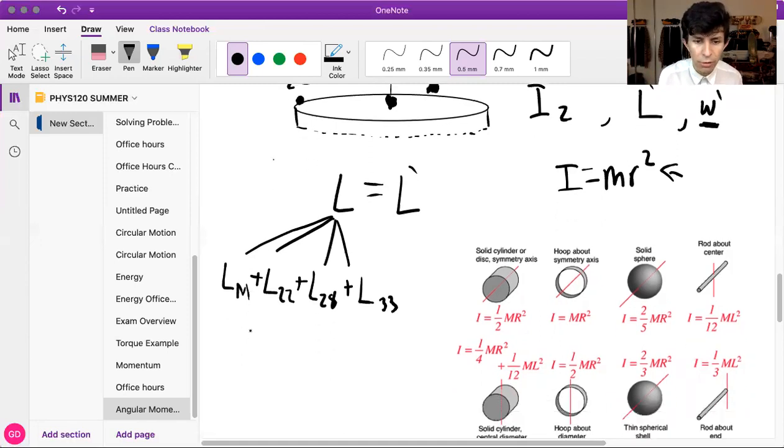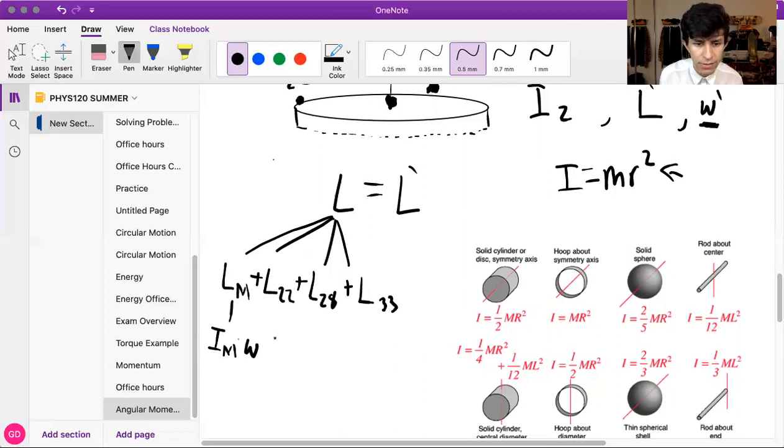We know what the equation for angular momentum is in terms of inertia. It's going to be inertia for the merry-go-round times omega. All of these are on the same object, so however fast they're spinning, they're all spinning at the same rate. It's like you in a car when you're driving, your velocity is the same as the car's velocity because you're in the car and it's pulling you at that same rate.